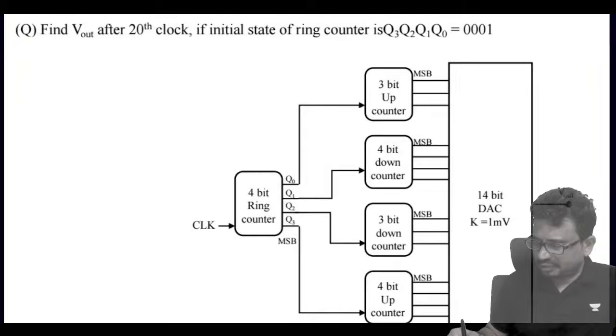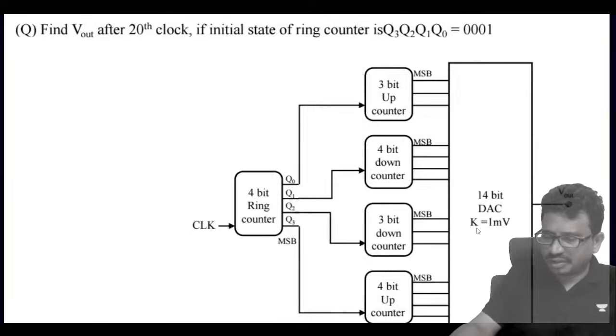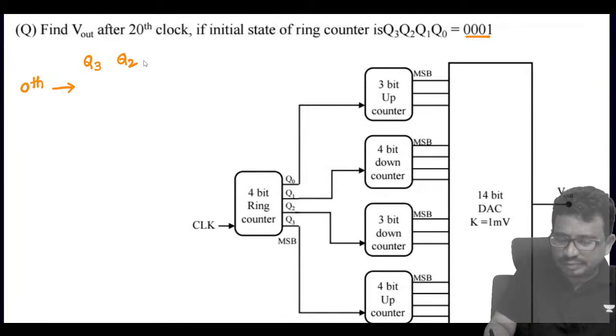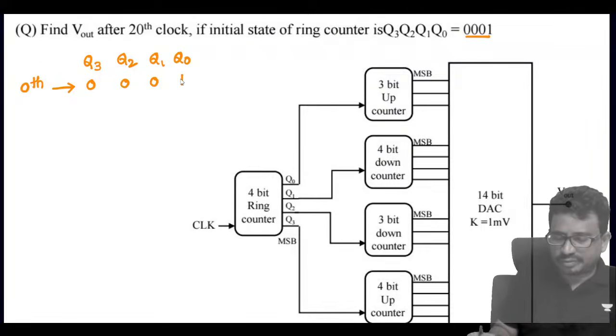So initially what did they give? The initial state is given as this much, at the 0th clock. We can say this as Q3, Q2, Q1 and Q0. This value 0, 0, 0, 1.